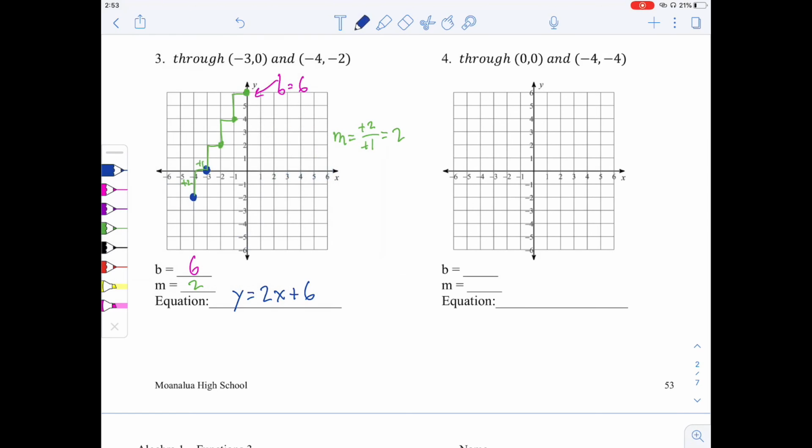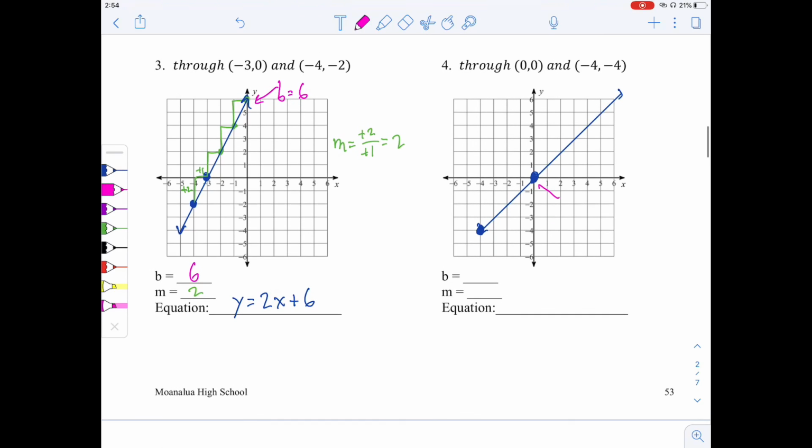Okay, next one, we're going to go (0, 0). That's in the middle, the origin. And (-4, -4) is right here. We can also draw our line for this one, so we have our graph. And we can already see what our slope is going to be. Our y-intercept is 0, since we cross the y-axis at 0. Then we figure out the slope. We can go from either point.